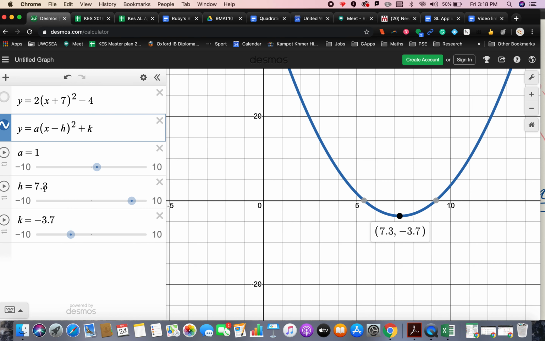Now the h value is 7.3, and it's x minus 7.3, and the 7.3 is here. So the h value is the x coordinate of the vertex, and the k value is the y value of the vertex.